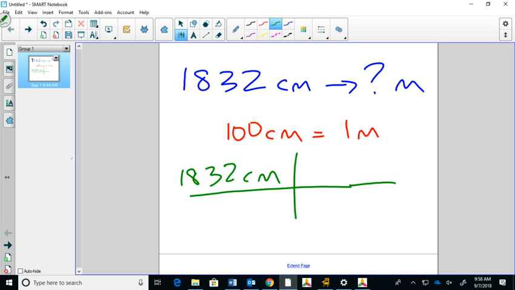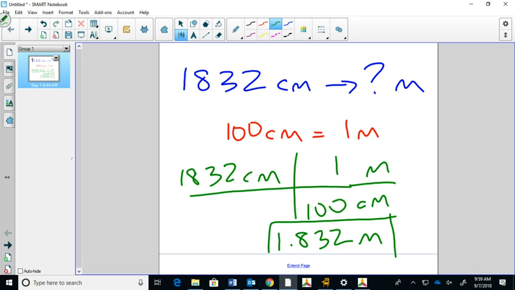Well, how do you know? We have to cancel out centimeters, right? So centimeters goes down here, and meters goes up here. What numbers go where? 1 on top and 100 on the bottom. So I'm taking 1832 and dividing by 100, so I get 1.832 meters. That would be my answer.